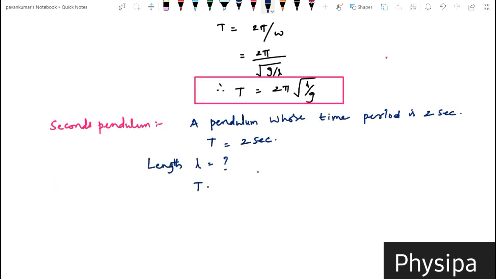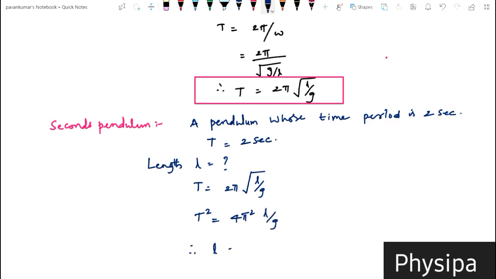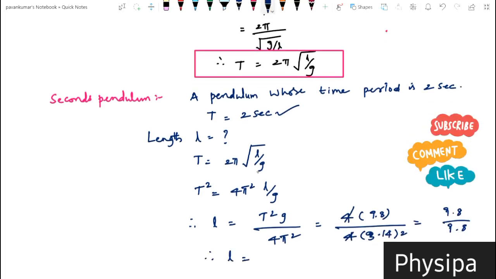We know that the time period T is equal to 2 pi square root of L by g. Next, by squaring on both sides we get T square is equal to 4 pi square L by g. Therefore L is equal to T square into g divided by 4 pi square. Now by substituting the corresponding values, we obtain the length of the seconds pendulum as L is equal to 1 meter or 100 centimeters. Thank you.